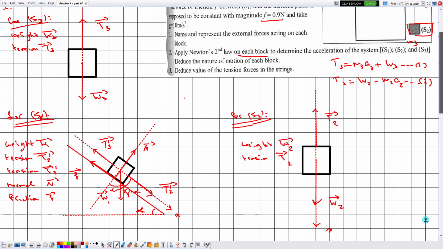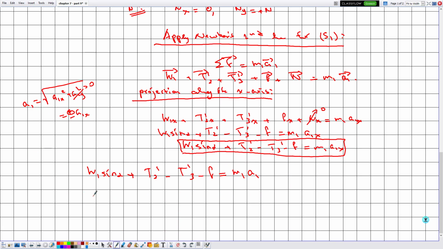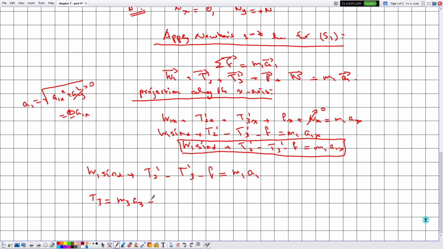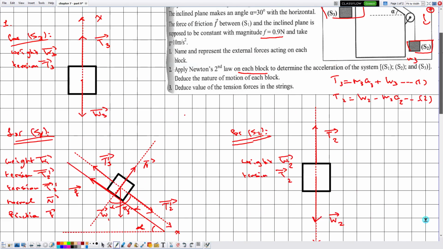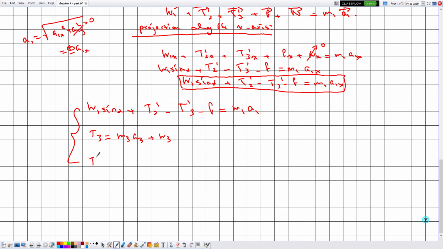Now let me drag these equations that we have. T3 is equal to M3 a3 plus W3, and the other equation is T2 is equal to W2 minus M2 a2, and we are interested in determining the acceleration of the system.